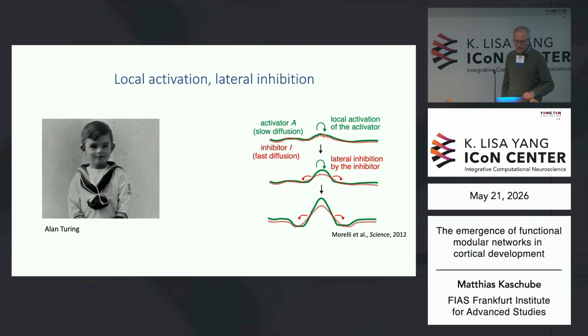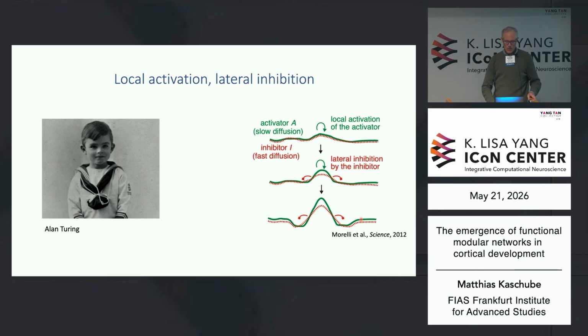Then you have another substance, an inhibitor. Both diffuse, but the inhibitor diffuses more rapidly, and so the inhibitor suppresses the activator. This suppression leads to a reduced concentration of the activator further away from this peak. As a result, you have a bump of activator formed in the center, flanked by a suppression of the activator.